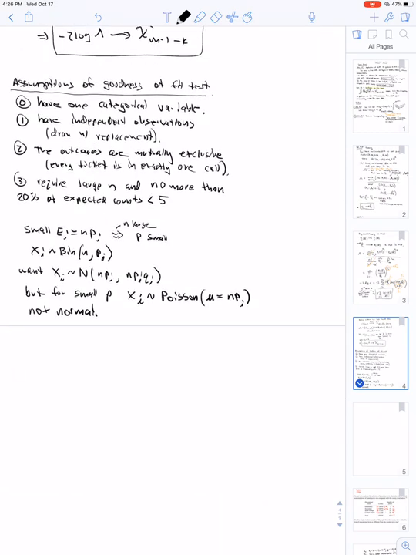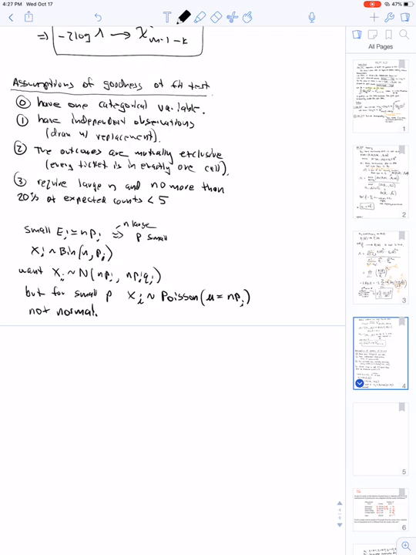The assumptions that go into the goodness of fit test are that we have one categorical variable. In other words, our box consists of a discrete number of tickets. We have independent observations. We need this so that we have a multinomial distribution, and for that we're drawing with replacement. The outcomes are mutually exclusive, so every ticket is in exactly one cell.